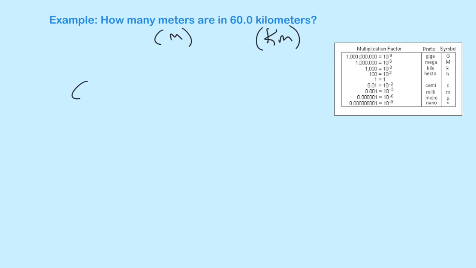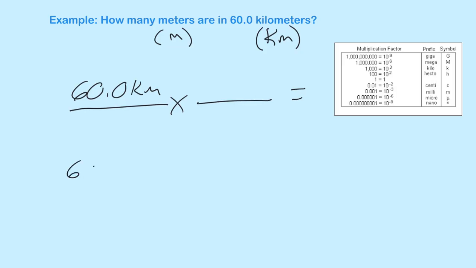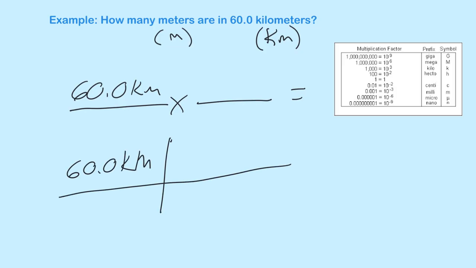The first step is to write down the given amount. So we have 60 kilometers. I set it up like this, and there are many ways. If you look at other videos, you might see it set up like this, where they use what's called the railroad track method. You might even see the railroad track method with a multiply there.